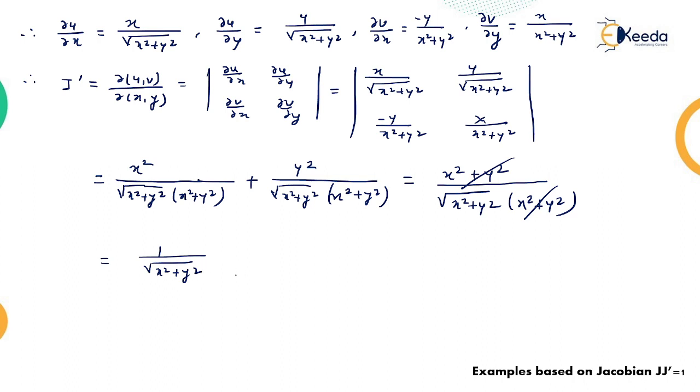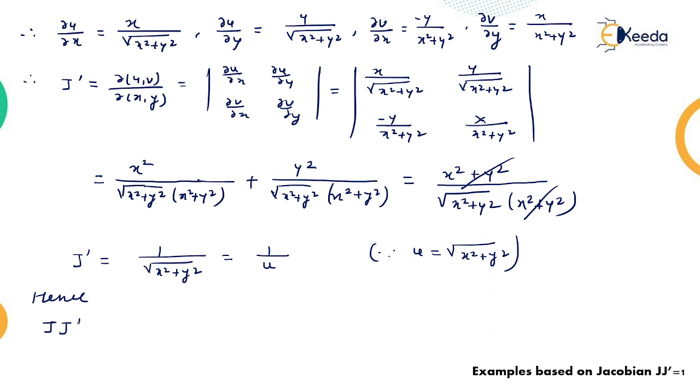This is nothing but the value of u, so this is 1 divided by u, since u is equal to √(x² + y²). For that reason we use this. So J' is equal to 1/u.